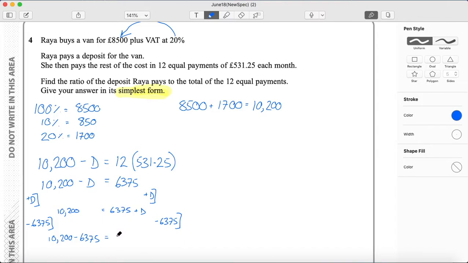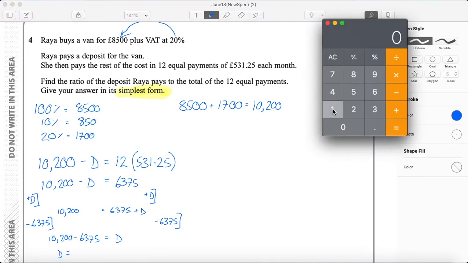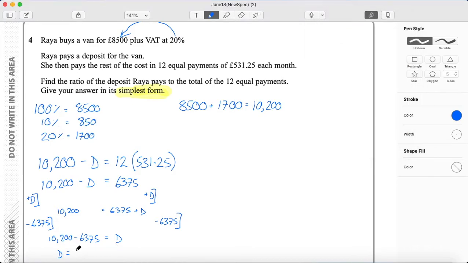We've lost 6375 that side, so that's just D. So D is 10,200 take away 6375, which is 3825. So that's her deposit that she paid, 3825.